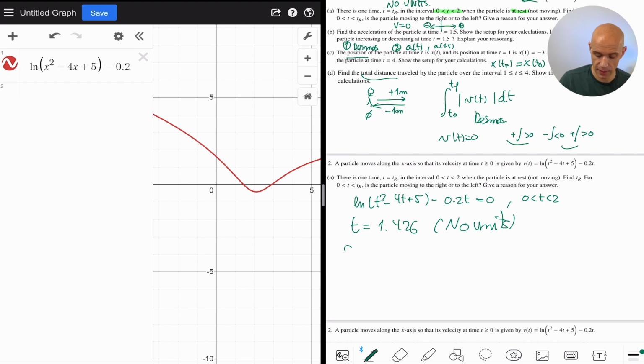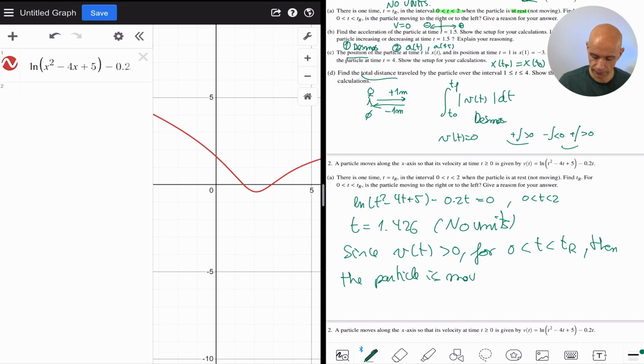So you can say that since v of t is positive for 0 less than t less than t_r, the time of rest, then the particle is moving to the right, because for us, in a standard mathematical convention, positive means to the right. Okay, so that's it, end of the story.